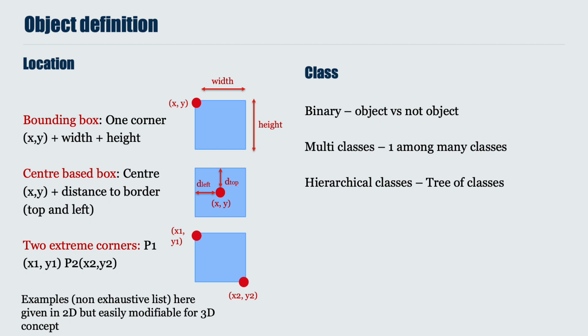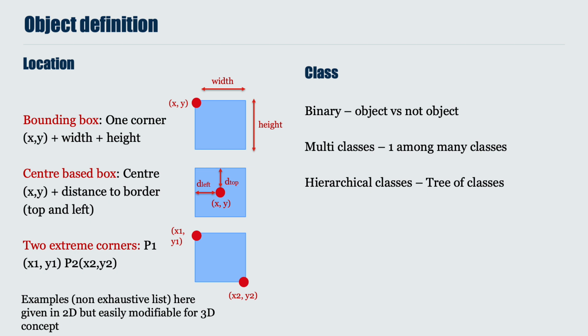It can be based on the center, where you know afterwards the distance to the border. For instance, the distance to the top border and the left border. It could also be the difference to the bottom border and the right border. I mean, you define it as you like. Or with the two extreme corners. It could be bottom right, top left, or bottom left, top right, for instance.